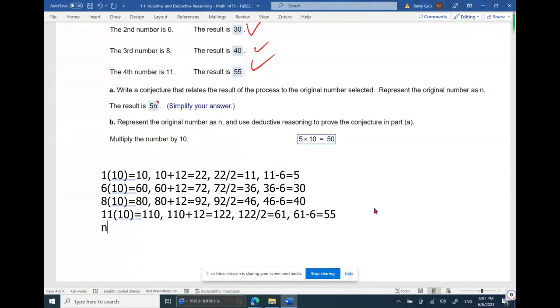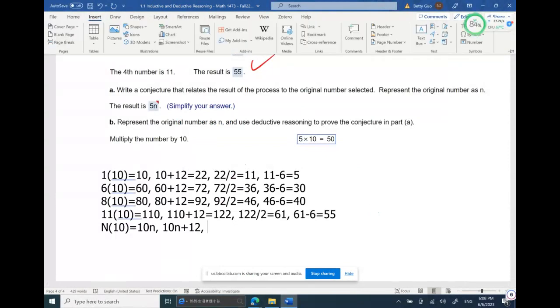If we have number n, we multiply n by 10. We have 10 times n. It's supposed to be lowercase n. And then we add 12 on top of it. So we have 10n plus 12. Third step is to divide that by 2.